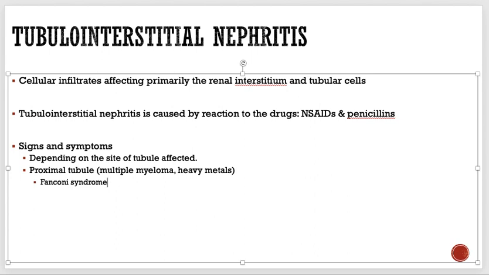So whenever the proximal tubule is involved, there will be increased glucose in the urine, glycosuria; increased amino acids, aminoaciduria; increased phosphates, phosphaturia; and increased uric acid, hyperuricosuria, right? If you have the concept of the functions of the proximal tubule and what happens when it is damaged, you can easily think about how the patient will present.